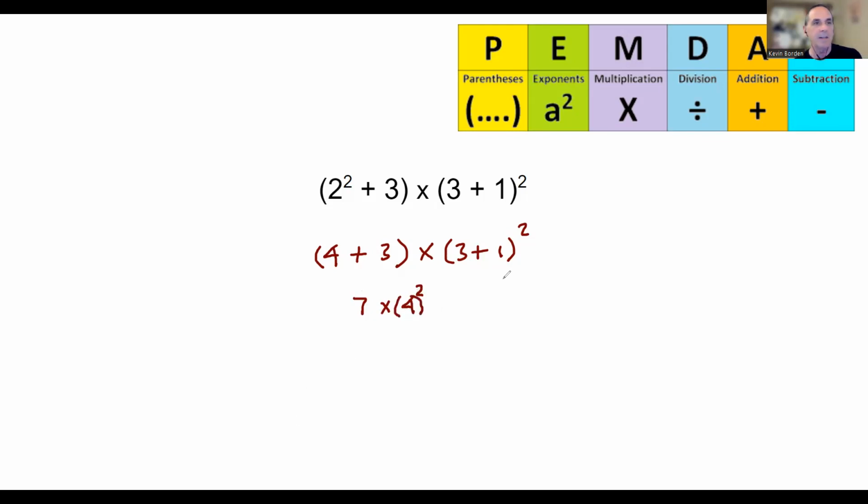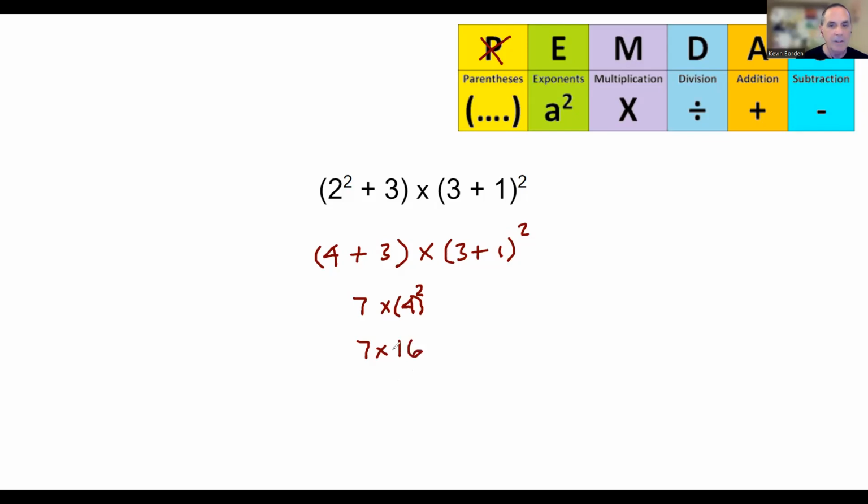Kind of doesn't make any difference, but if you prefer to see it that way, that's fine. So now we've kind of eliminated our parentheses. We're looking at this exponent, so we should take 4 to the second power. That leaves us with 7 times 4 to the second power is 16.